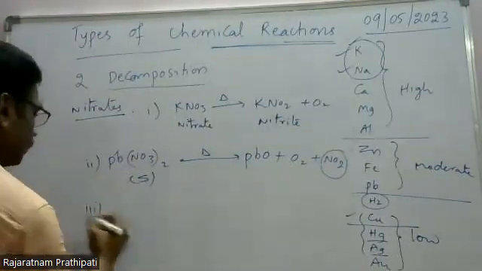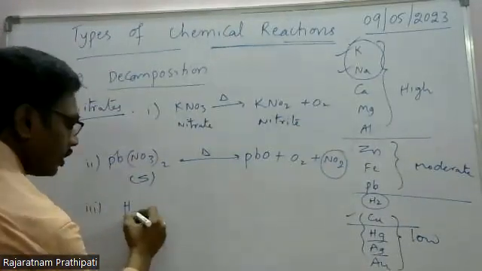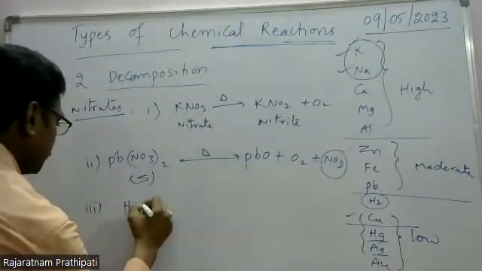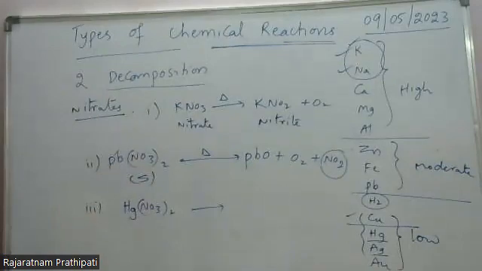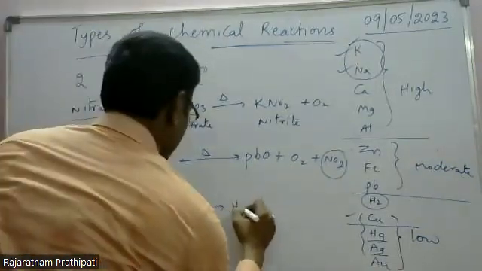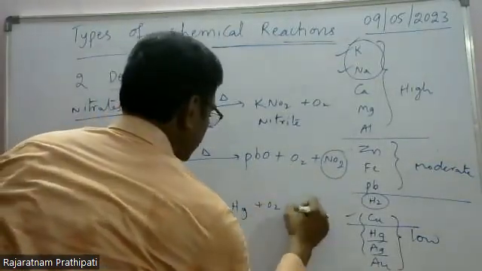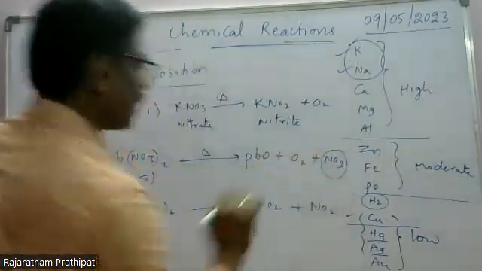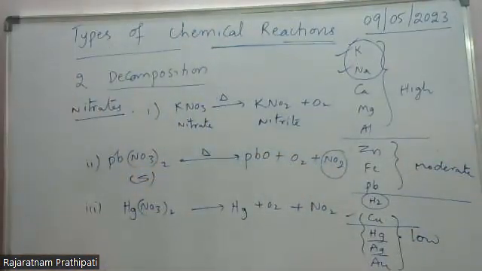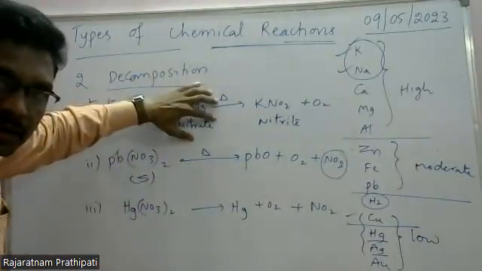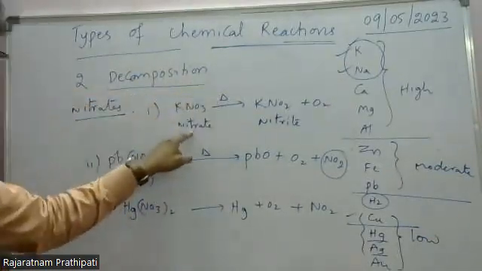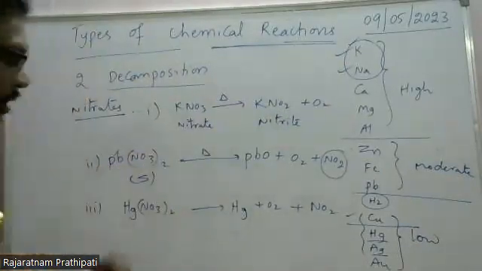Similarly, in the case of low reactive metals, here we observe metal plus oxygen plus nitrogen dioxide. So three different types. Here high reactive metals, metal nitrates converted to nitrites.